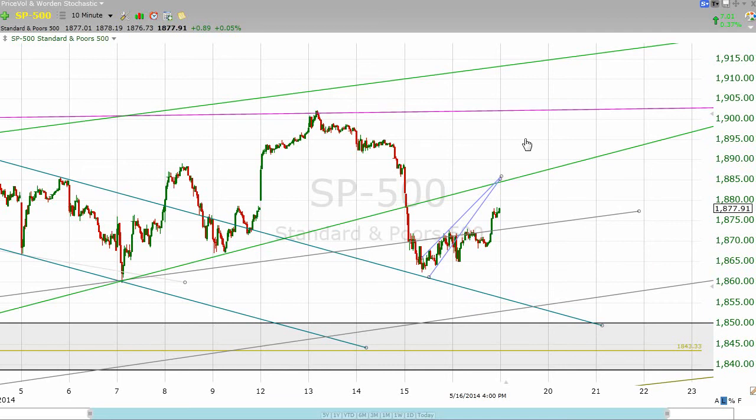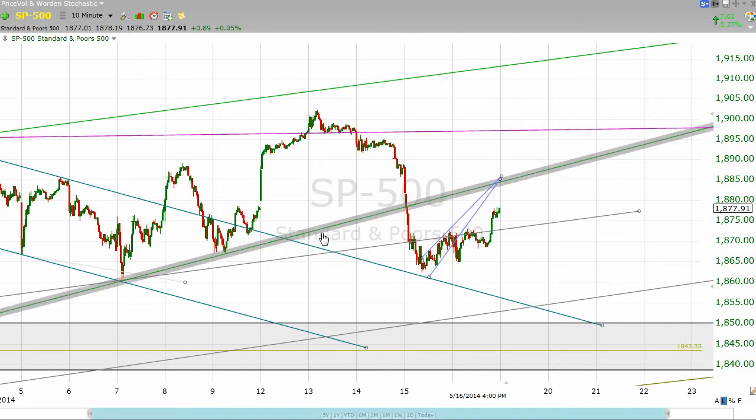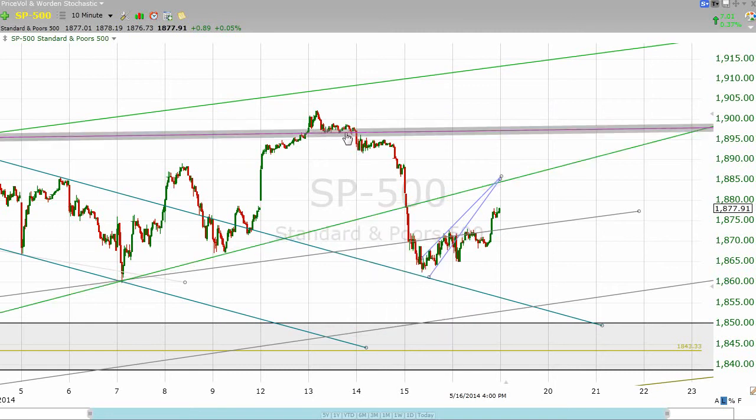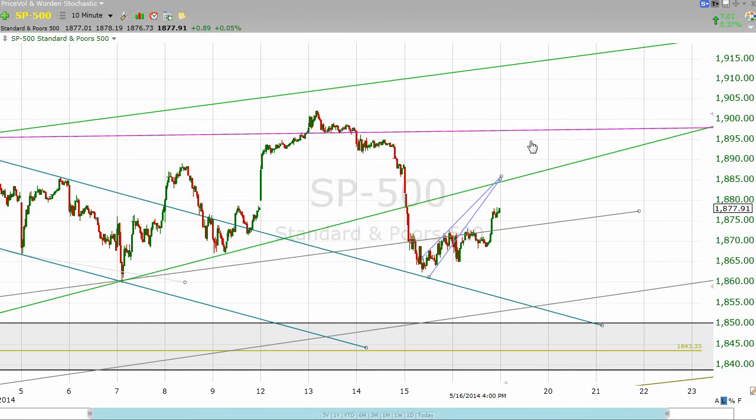So let's do the weekly review. The weekly review is we got up over 1900 on Monday. We opened up over 1900 on Tuesday. At the time, our resistance line was right here. And it looked like we might just be back testing this line throughout the day on Tuesday, but you can see clearly Wednesday morning that broke.